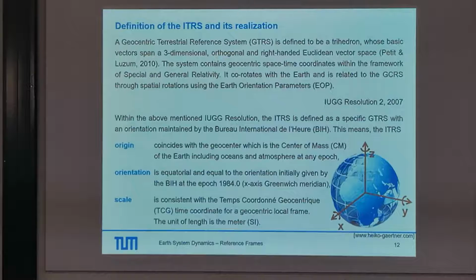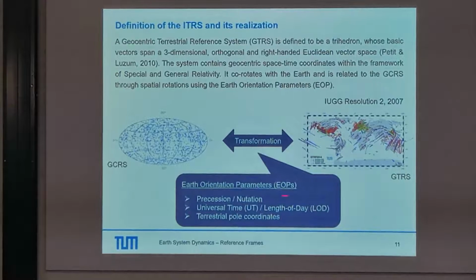And this diurnal rotation is, for example, exactly the universal time length of day. So this is a transformation already needed in order to go from an Earth-fixed reference frame, which really rotates with the Earth on a daily and an annual and semi-annual basis, to the GCRS. All motions, for sure, also the realization of the Greenwich meridian, are affected by plate tectonics and deformations and whatever.